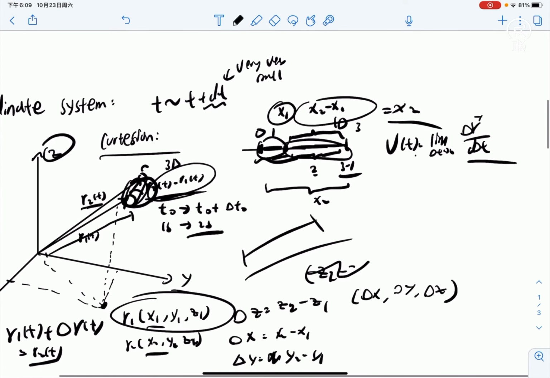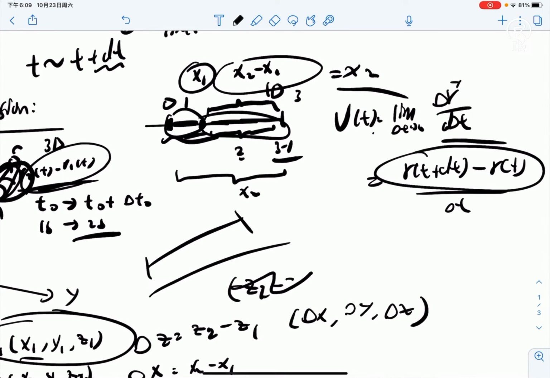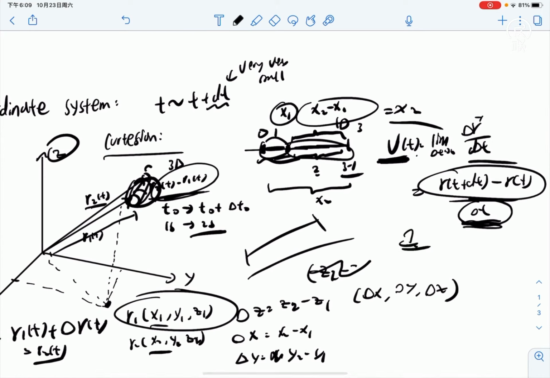You can see that this is basically r(t+dt) minus r(t), divided by dt. And from here, we can see this has direction, and this is the direction of the vector. And here, it is just a constant. It does not have any direction. It's just a scalar. Or you can treat it as a number if you want, like 1, 2, 3.